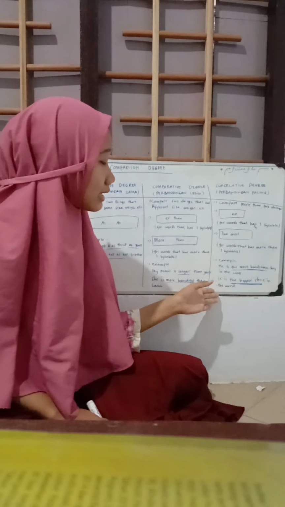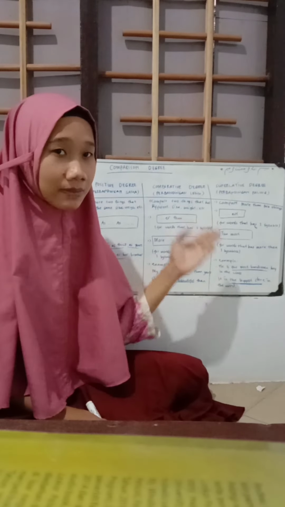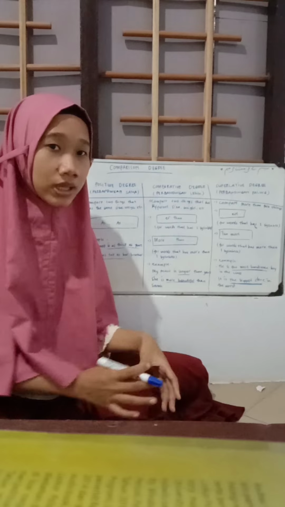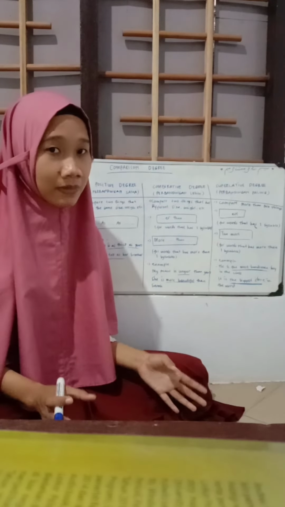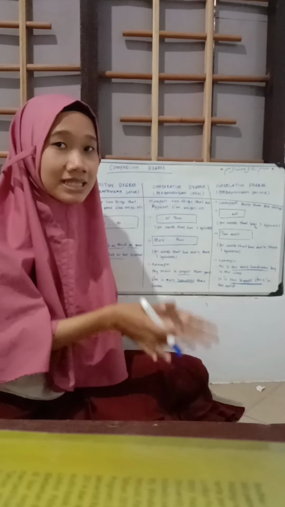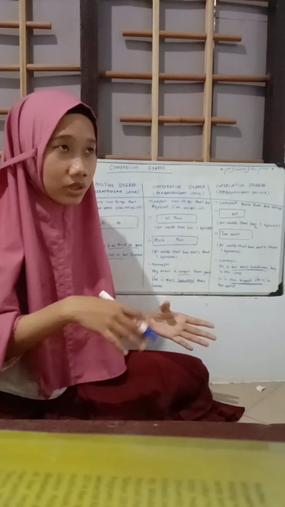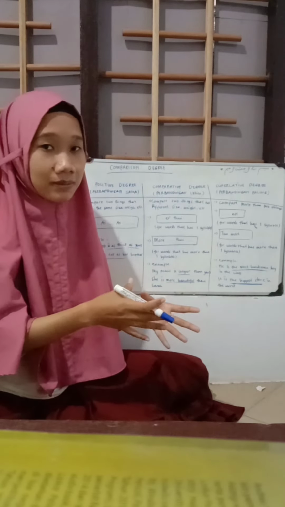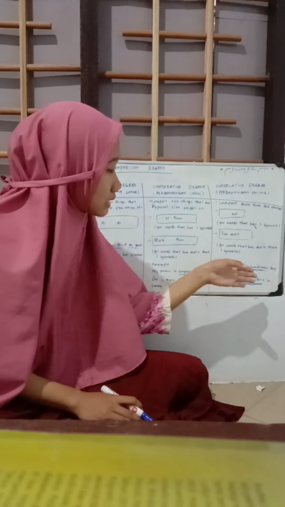The second example is: it is the biggest stone in the world. So you compare a stone with all the stones in the world. Okay? And the stone you mean is the biggest stone in the world. It is the biggest among all of the stones. So it is the biggest stone in the world.